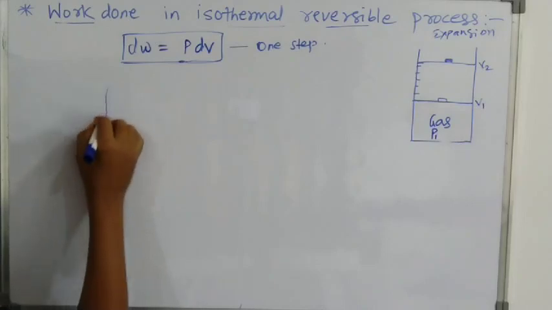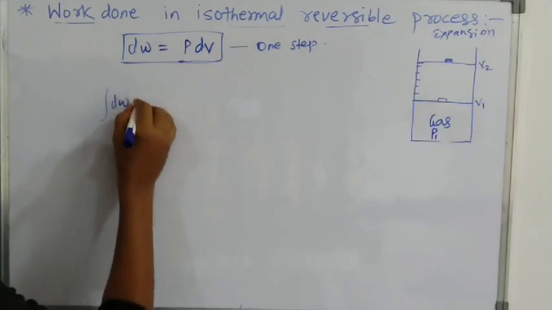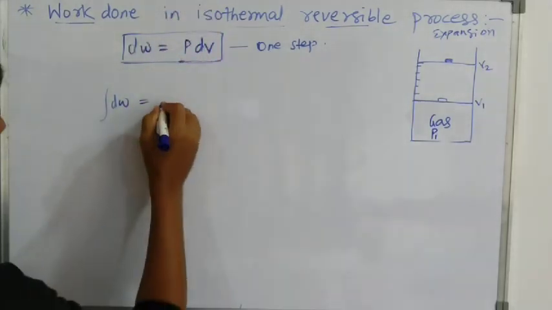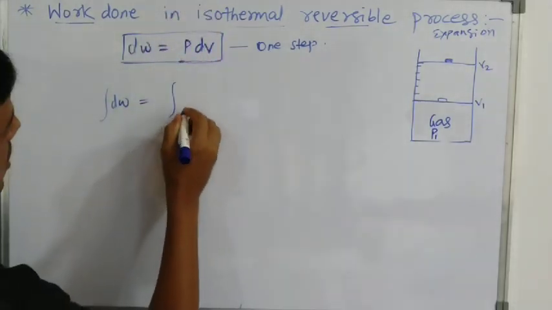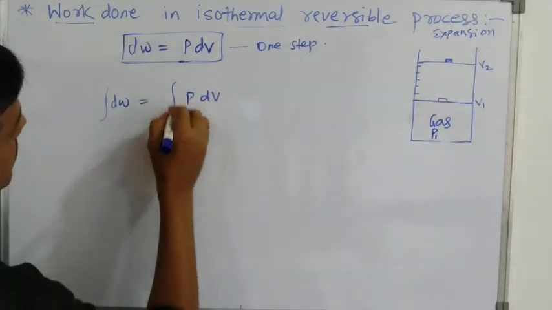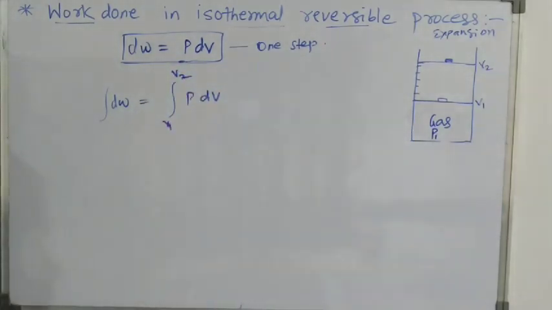Then we get the integration of delta W, that is the work done, as the integration of P delta V from V1 to V2.